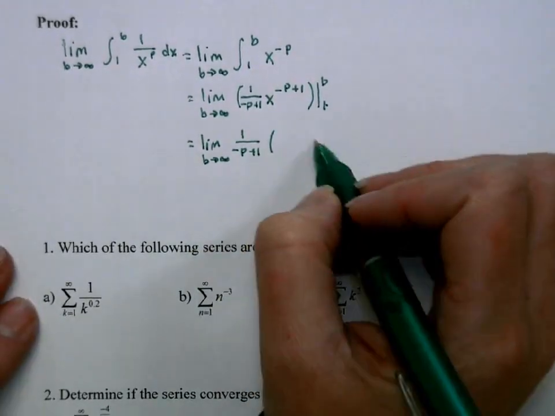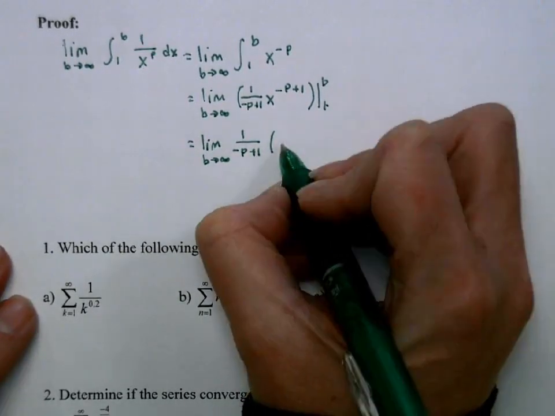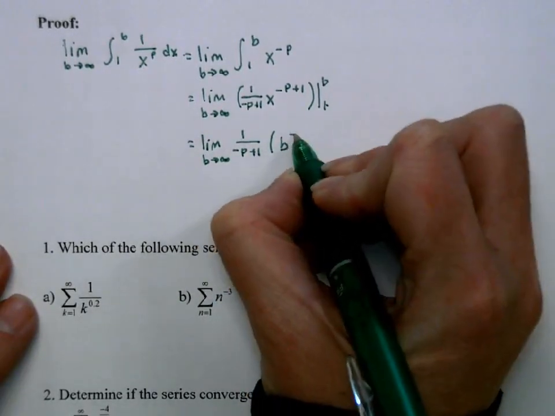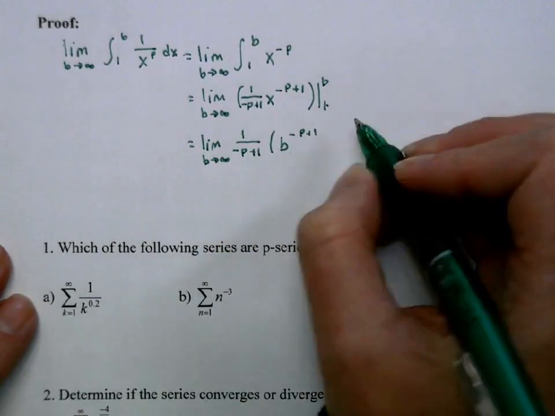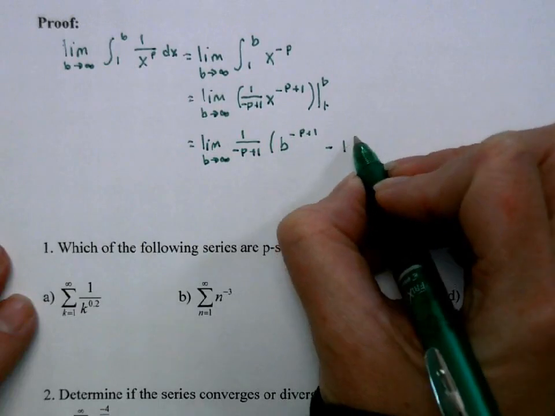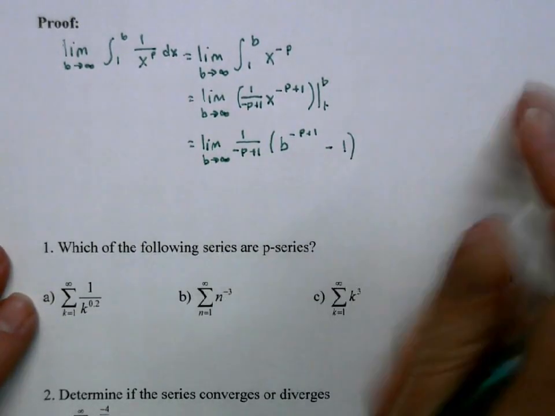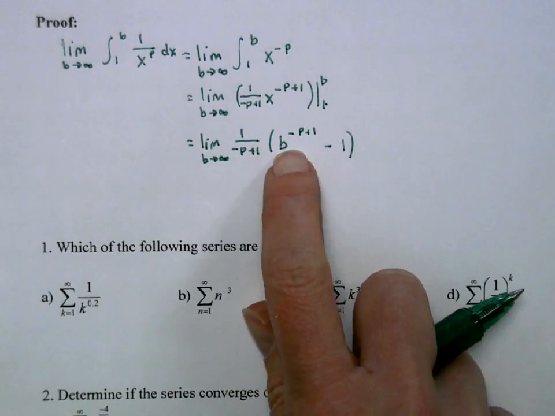So whatever happens on the inside, the constant isn't really going to affect that. But we're going to have b to the negative p plus 1 minus 1 to the negative p plus 1, which is just going to be 1. Okay, so the part that we're interested in is this part here.